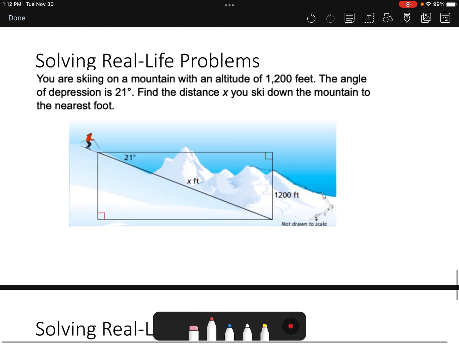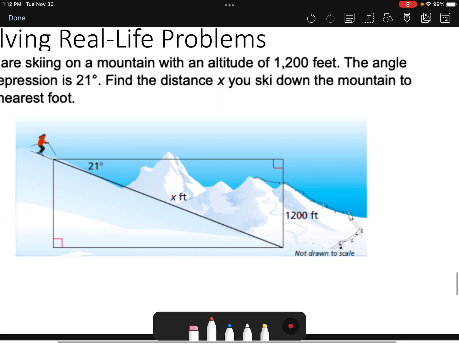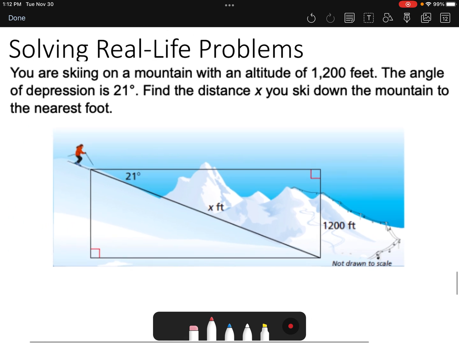Okay, now we can also apply this skill with trig very easily to real world problems because trig is very practical. Okay, so you're skiing on a mountain with an altitude of 1,200 feet. There's a picture here below that shows that.